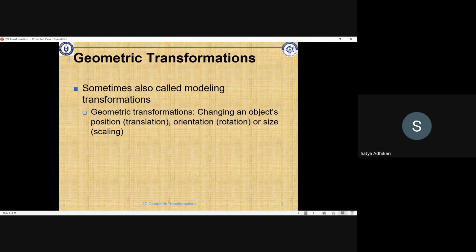Similarly, if you change the orientation or rotate an image, it is known as rotation. And if you want to change the size, that is, increase the size of an object or reduce the size of the object, you have to use scaling. So it is clear that translation is used to change the position, rotation is used to change the orientation, and scaling is used to change the size of an object.